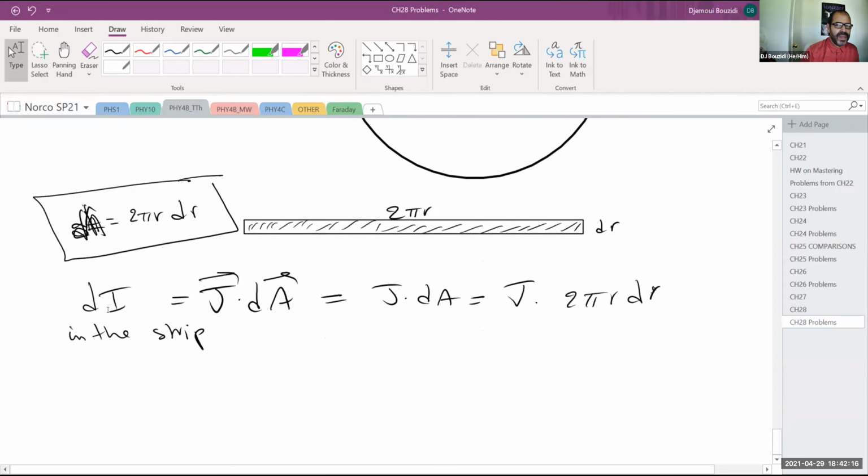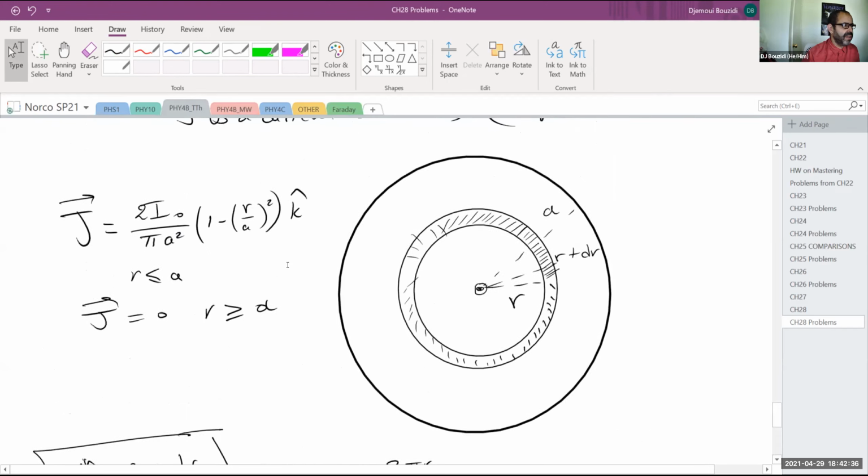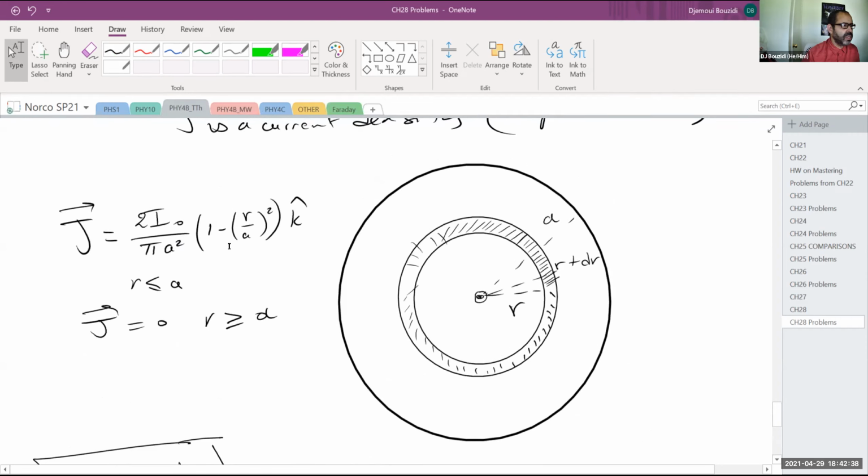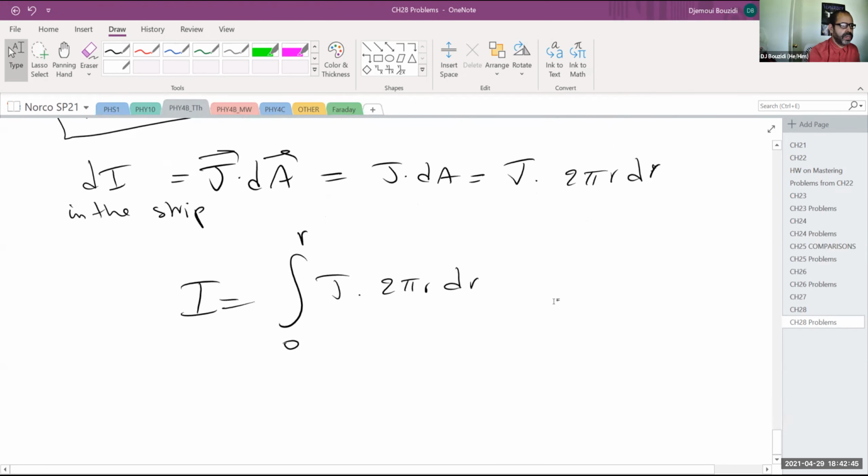If I multiply by the area, I have a current only on the strip, but they want the entire current and to show that it is I naught. So I will be the sum from 0 to A of J times 2 pi r dr. Now I have the expression for J, which is 2 I naught divided by pi A squared times 1 minus r squared over A squared. The k hat is already consumed in the dot product.